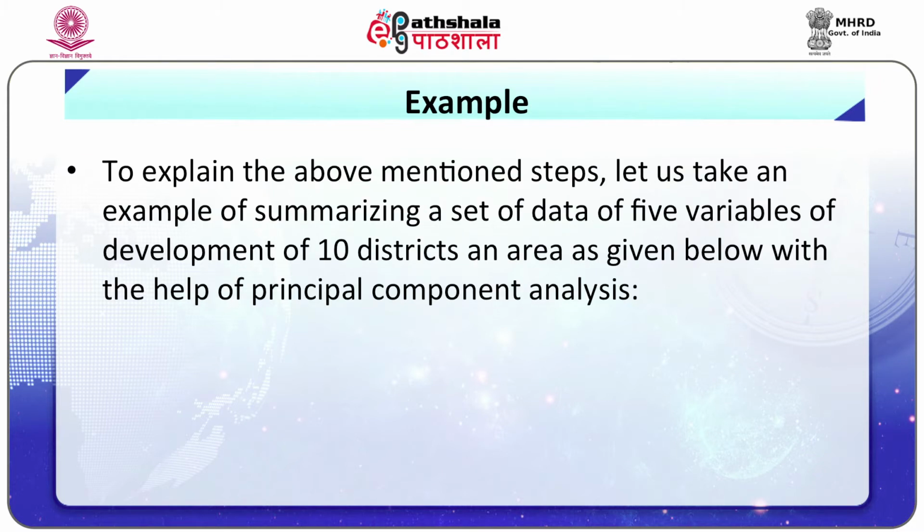To explain the above mentioned steps, let us take an example of summarizing a set of data of 5 variables of development of 10 districts of an area, as given below in table 1, with the help of principal component analysis.